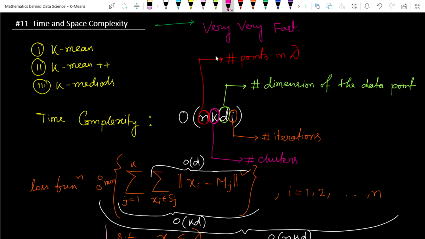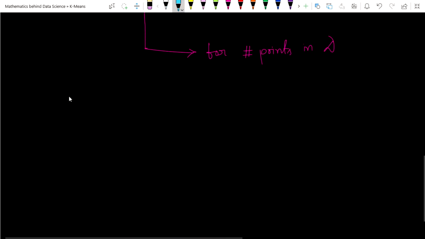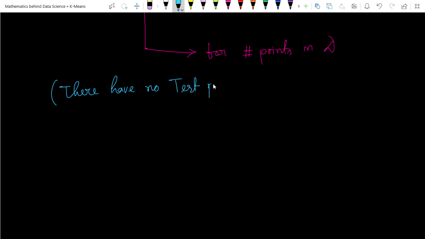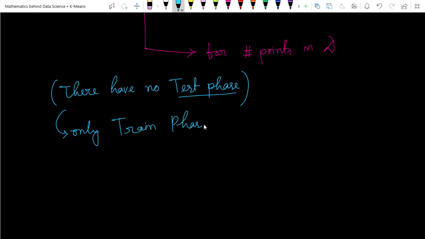The main advantage for unsupervised learning here is that we do not have to make a train and test phase. We only have the train phase. There is no test phase, because there is no way to supervise our model or retrain it. There are no Y labels. There is only the train phase.